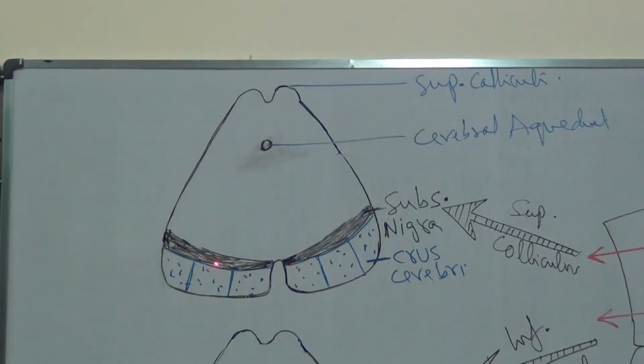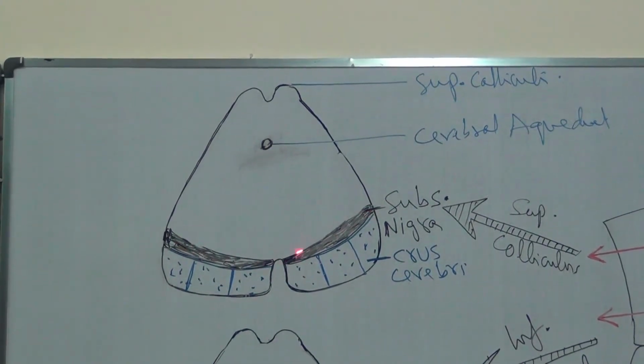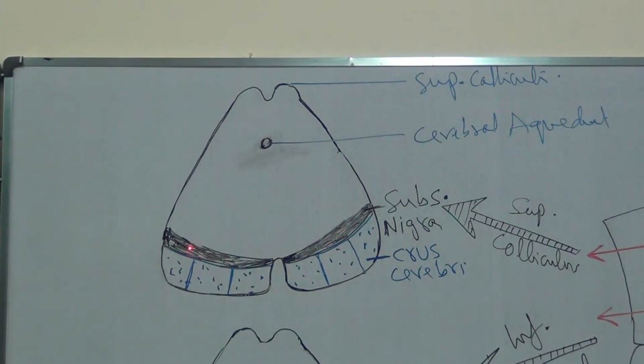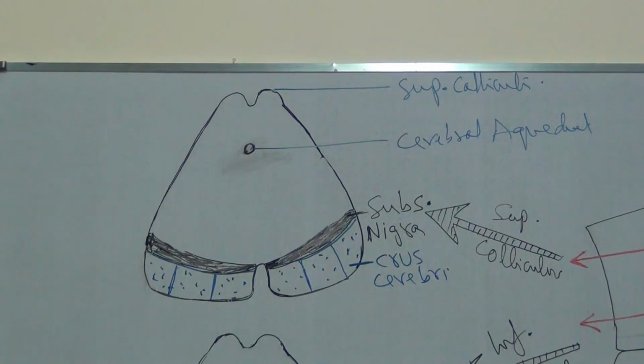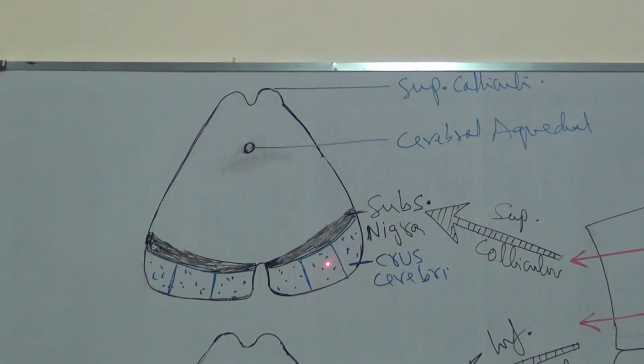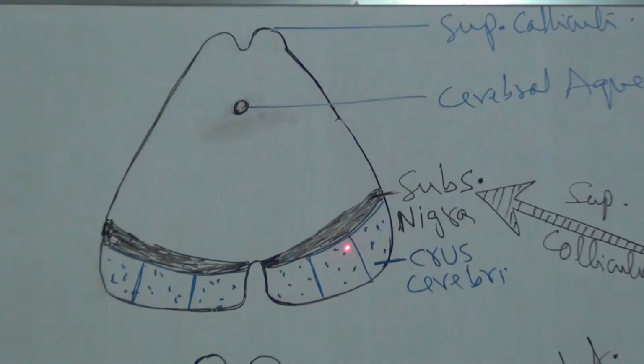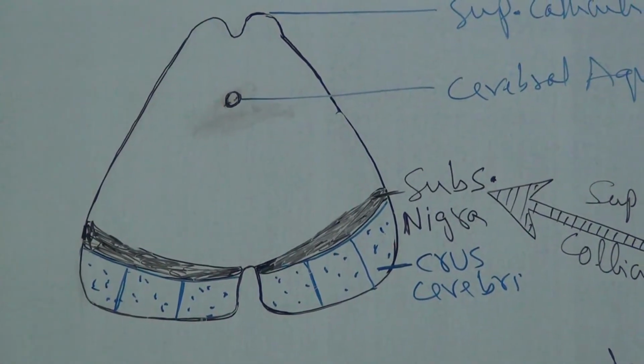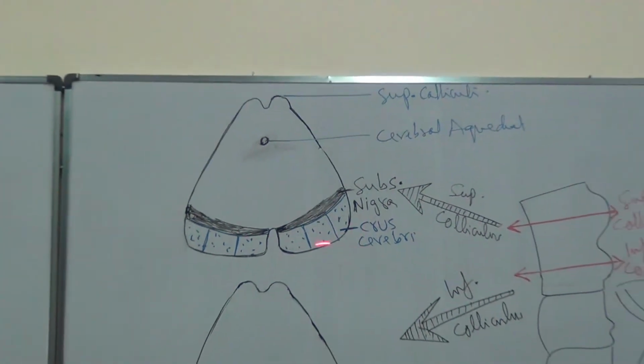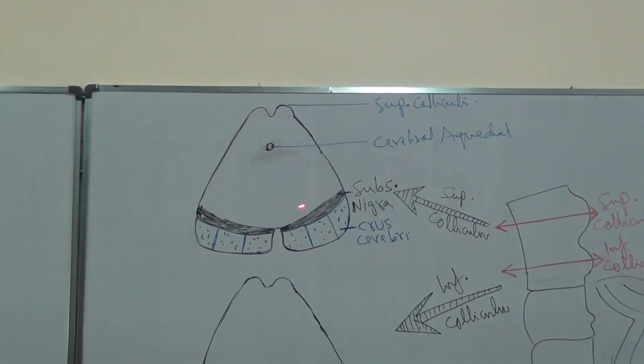Then there is substantia nigra, a highly pigmented area of gray matter, already discussed. No structural difference occurs in the crus cerebri and substantia nigra, whether it is the upper half of the midbrain or the lower half. Structure is the same at both levels.